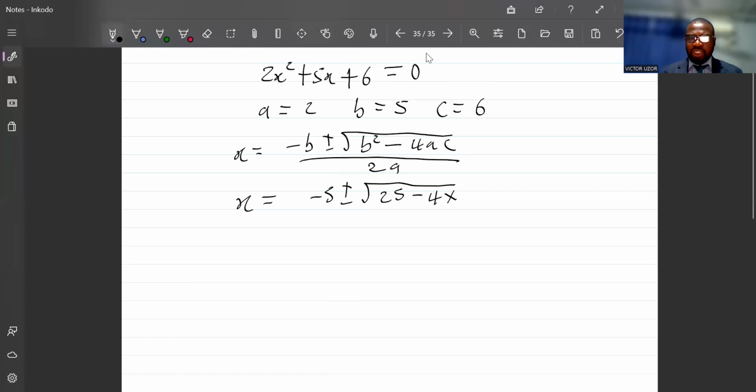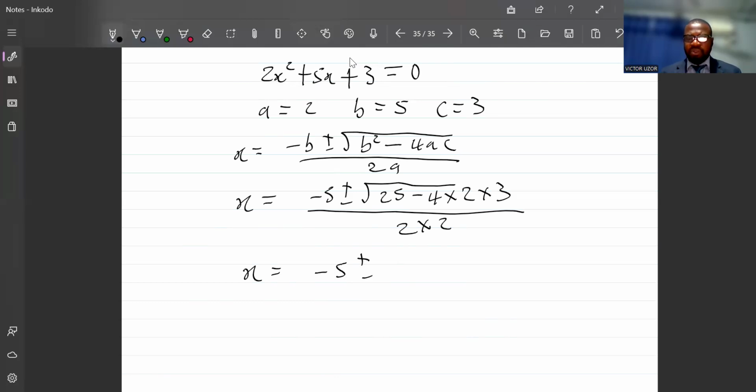It's supposed to be 3, and this is supposed to be 3, sorry. The equation is 2x squared plus 5x plus 3, so 4 times 2 times 3, all over 2 times 2. So I'll have x is equal to minus 5 plus or minus square root of 25 minus 24 all over 4.